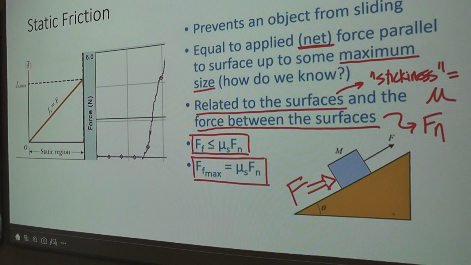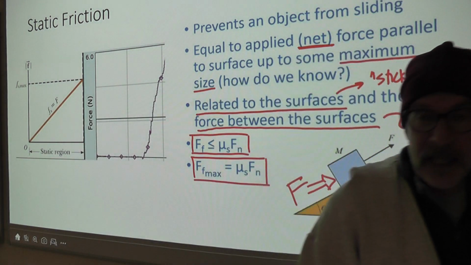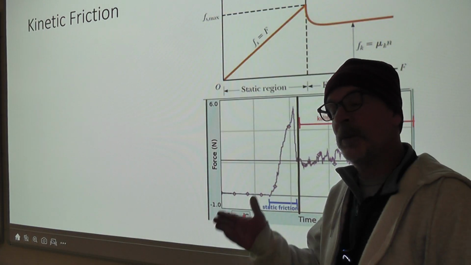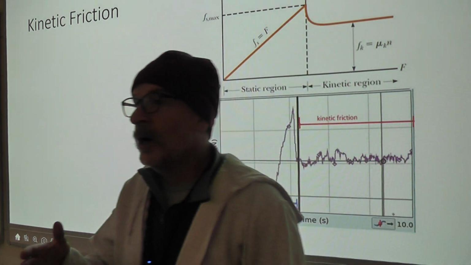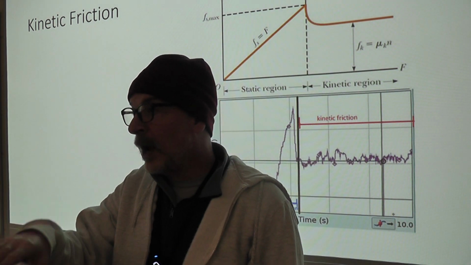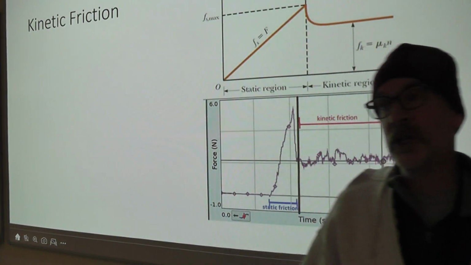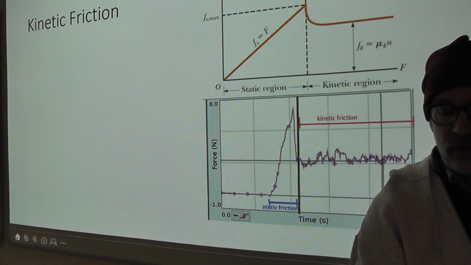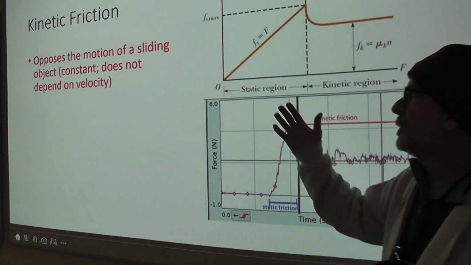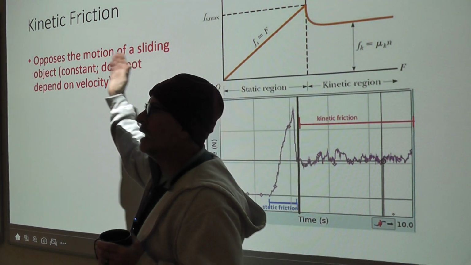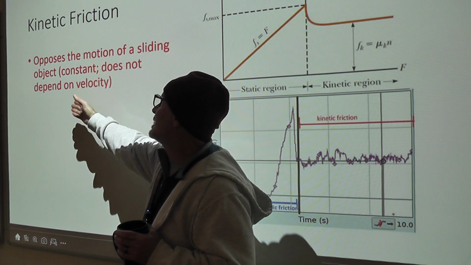All right, the next kind of friction, we looked at this as well. This is what we looked at when we had the cart with the block of wood in front of it on the track and we were measuring the friction. We also looked at this in the simulation. We looked at static and kinetic friction in the simulation. So kinetic friction is operating on an object that's sliding.